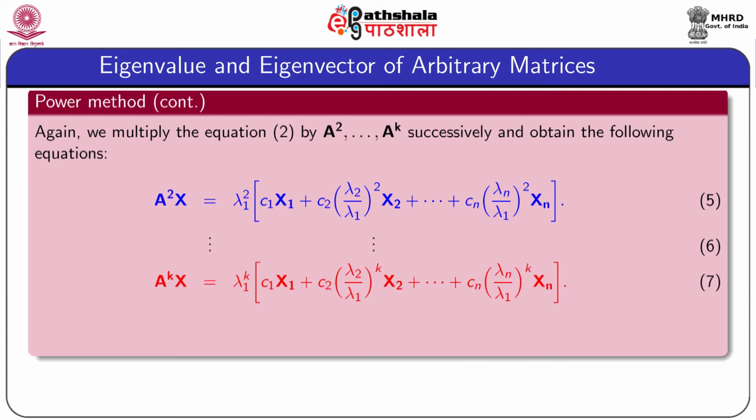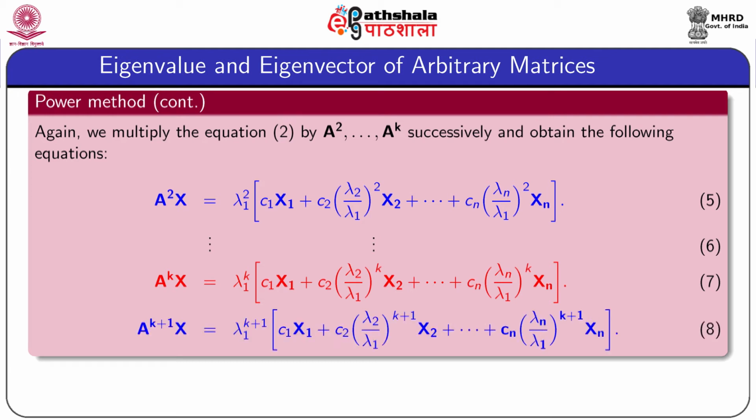Similarly, the equation 7 is obtained by multiplying equation 2 by A to the power k, that means A to the power k into x equal to lambda 1 to the power k into this expression, and A to the power k plus 1 into x equal to lambda 1 to the power k plus 1 into the whole expression. This is equation number 8.